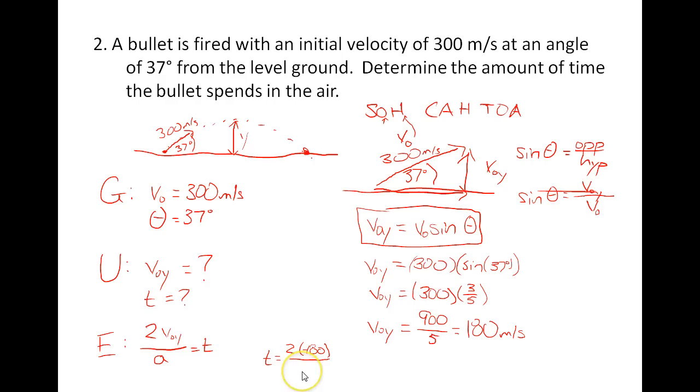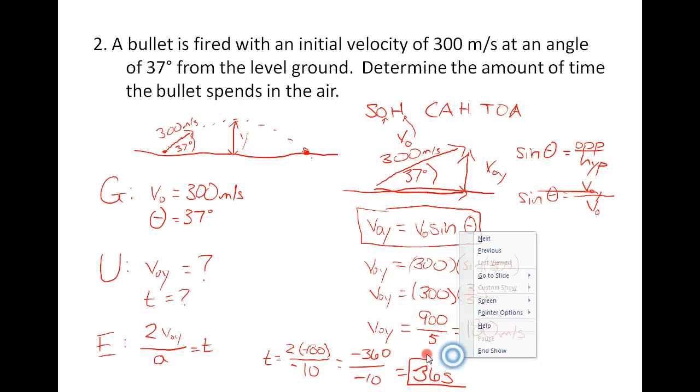So 2 times negative 180 divided by negative 10 meters per second squared. All right, so that would give us a negative 360 divided by negative 10, which would be a positive 36 seconds. Okay, there we go.